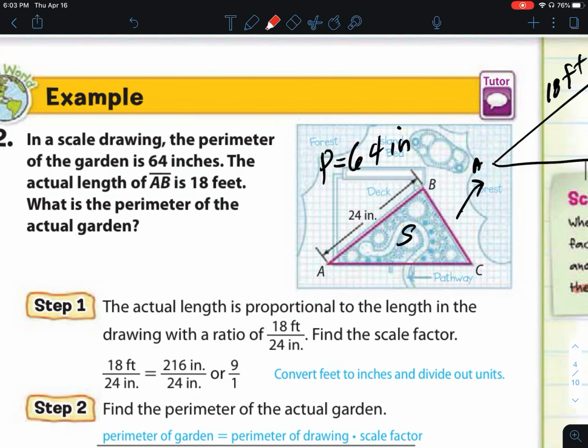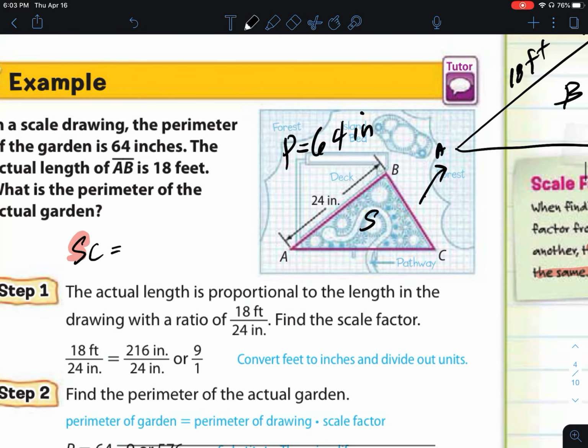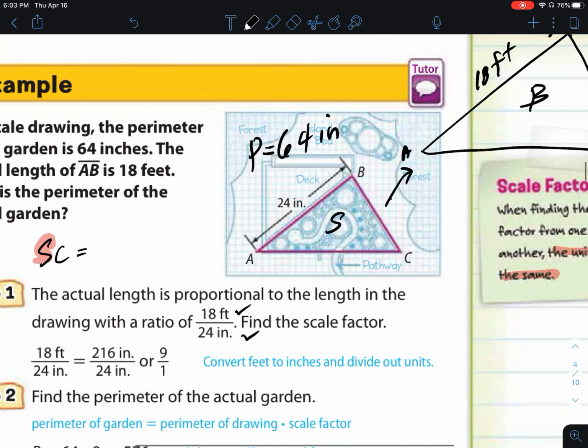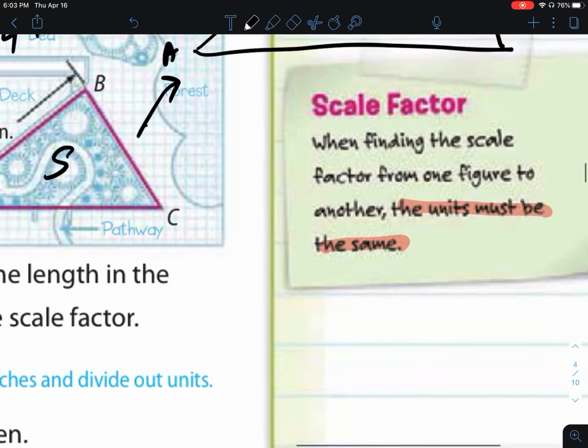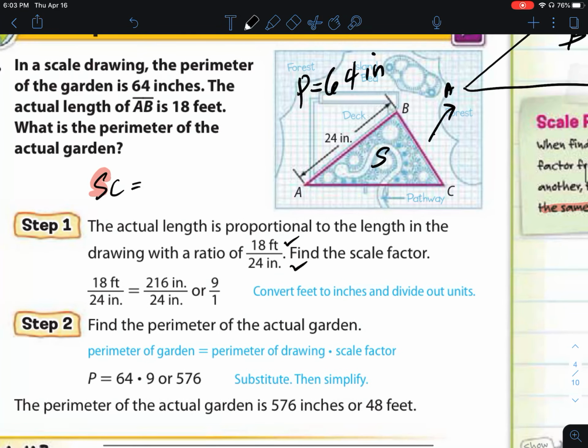So again, our scale factor is equal to the length of the big figure, which is 18 feet, over the corresponding length of the smaller figure, which is 24 inches. Again, the units must be the same. So we need to convert 18 feet into inches.